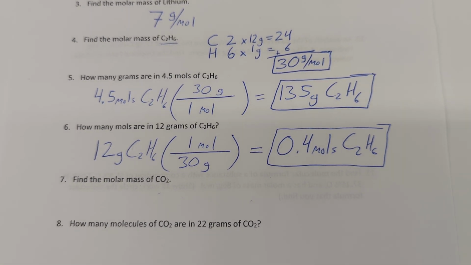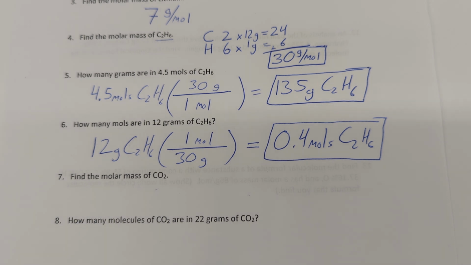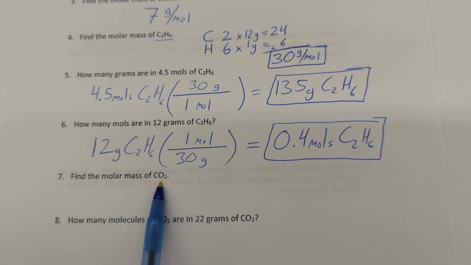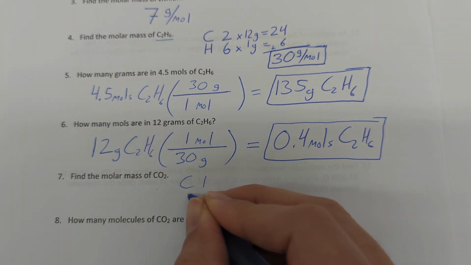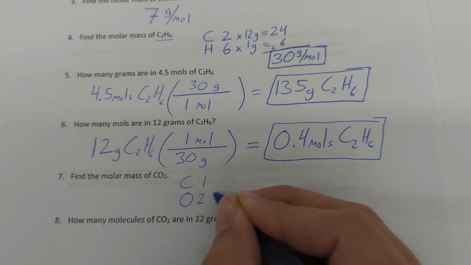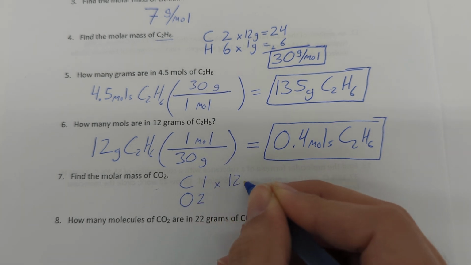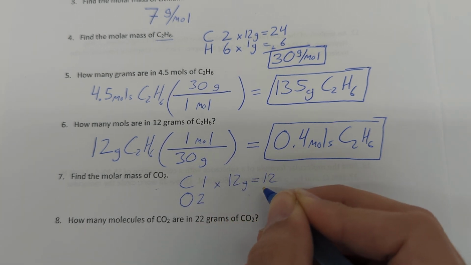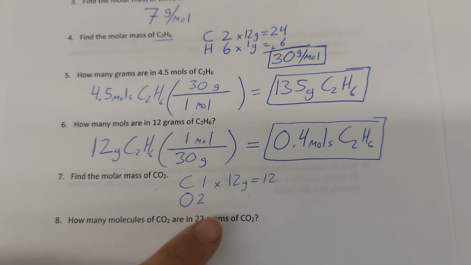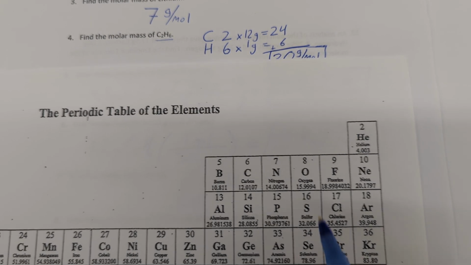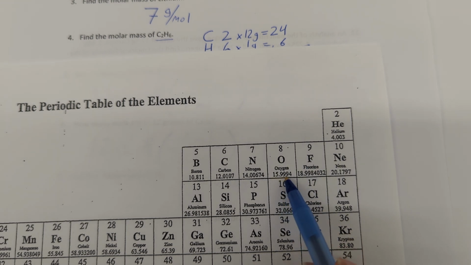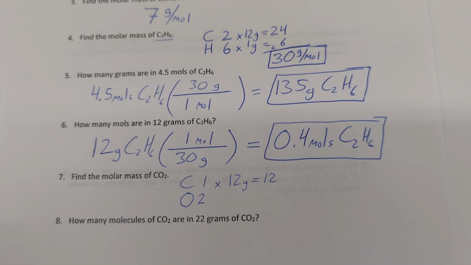Question 7, find the molar mass of carbon dioxide. Very similar to question 4 up here. We have 1 carbon and 2 oxygen, and we already said 1 carbon weighs 12 grams. Oxygen, we have 2 of them, and 15.999 is basically 16 grams.